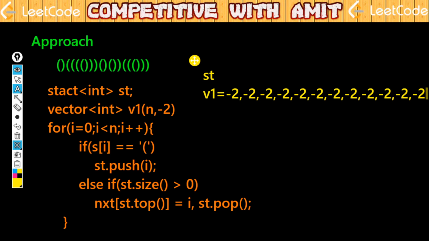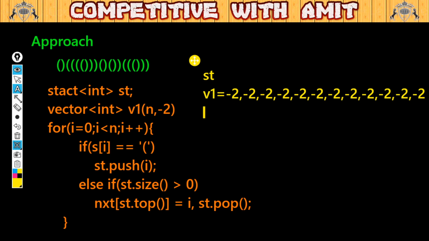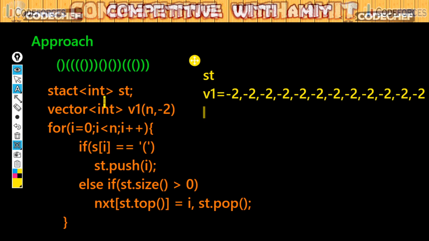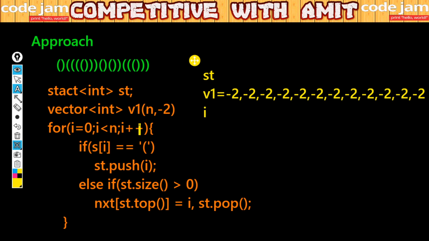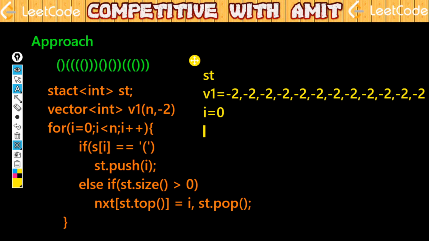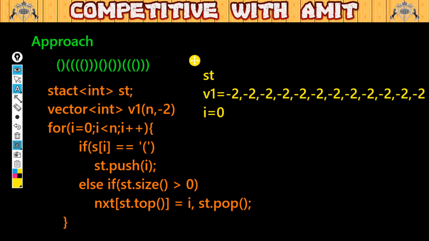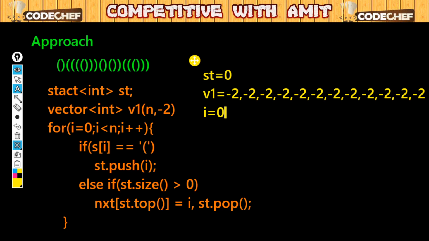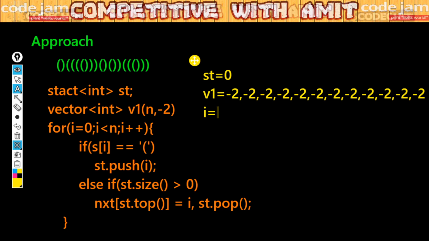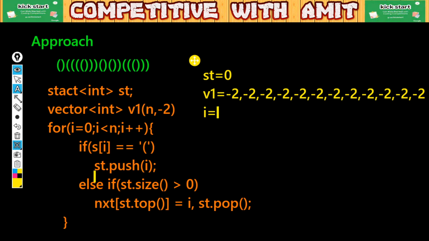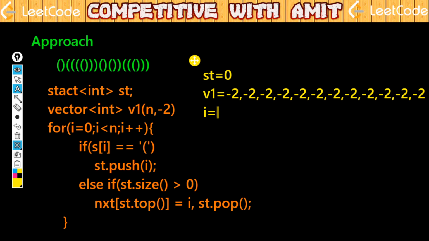We'll not go more into the vector part, how the next values will be iterated. So first of all we will start iterating from i equals 0. So at i equals 0, an opening bracket is there, so we'll push that value into the stack. So our new stack will store one value, which is 0, the index. If an opening bracket is there, we directly push that value into the stack.